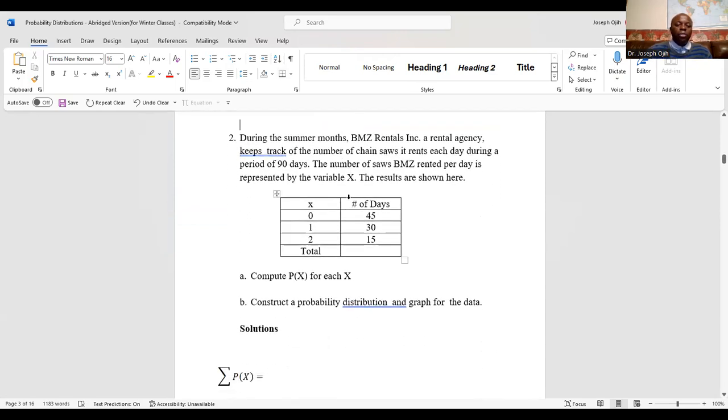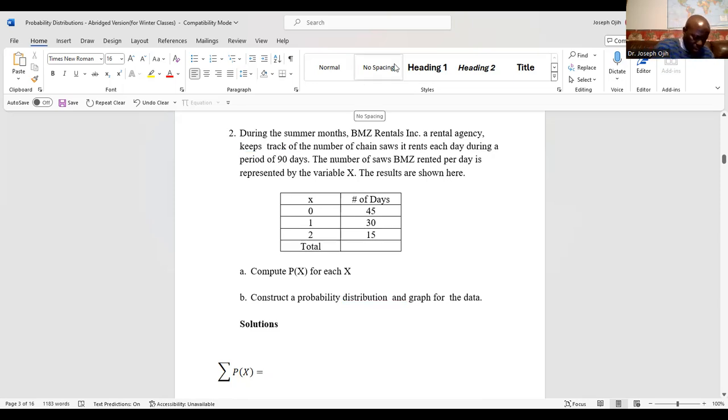Look at this question. It says during the summer months, BMZ recorded. BMZ is a rental agency, and it keeps track of the number of chainsaws it rents each day during a period of 90 days.